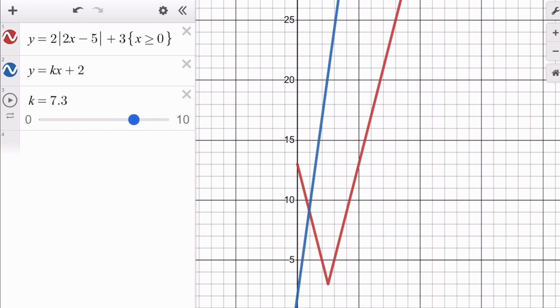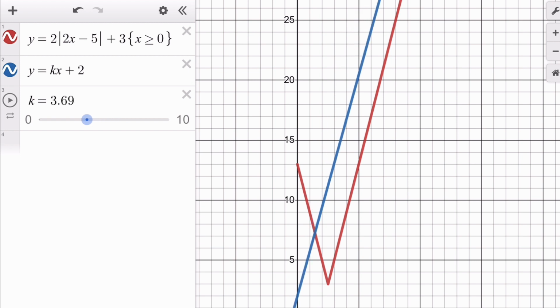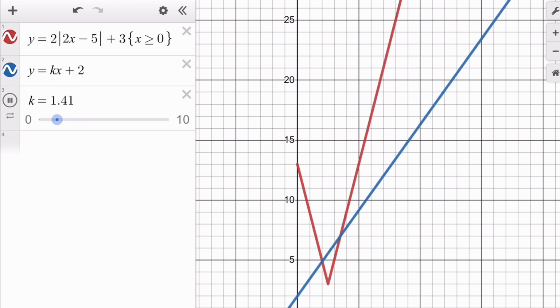If I start playing with k, you can see that we are playing around with the steepness of the line. So if I allow the animation to run, we can see that we've got one point of intersection. And then as we get progressively less steep, at some point we will be exactly parallel to the line there. So again, one point of intersection. But if we start being less steep, we've got 2 points of intersection.